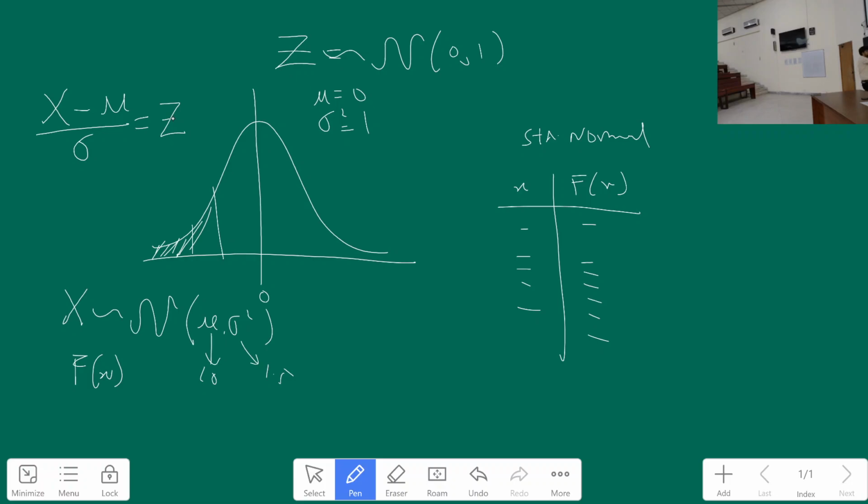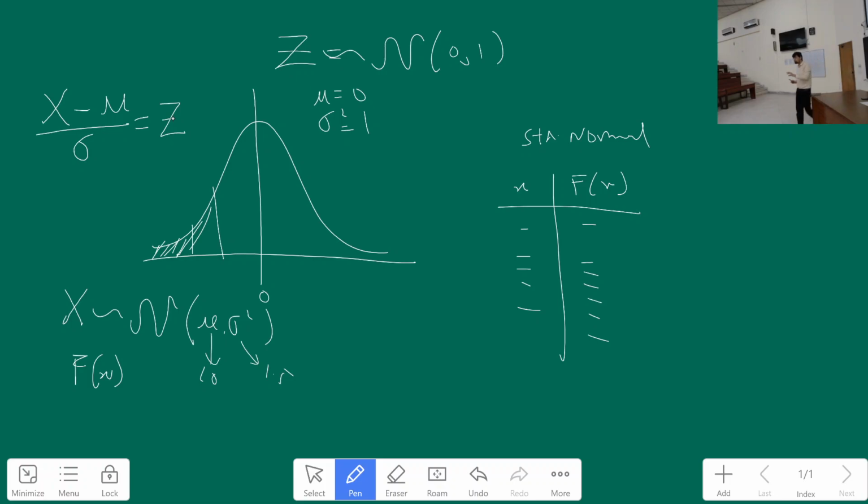So you can prove it. How? Let's see. What is the mean of z now? You already told me, yeah? This is just a divider. So this will be E[x] minus E[mu] divided by sigma. Overall, this thing will be 0.